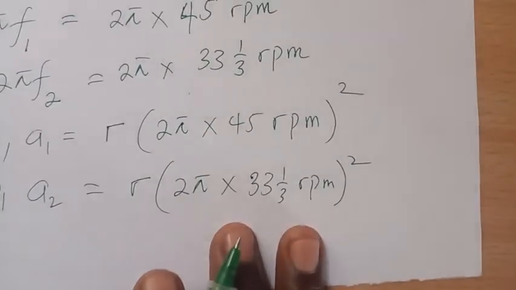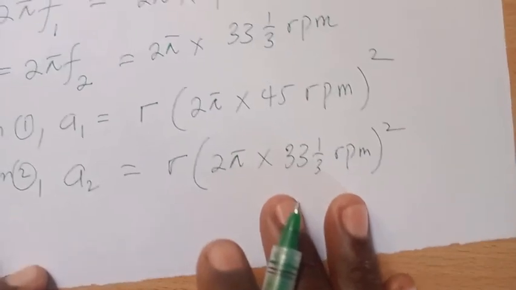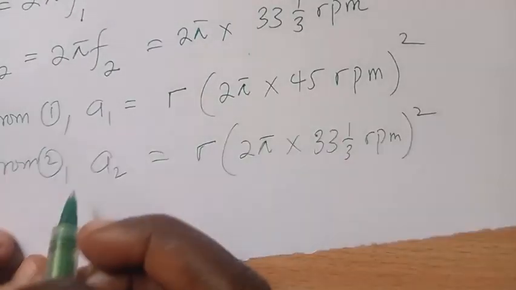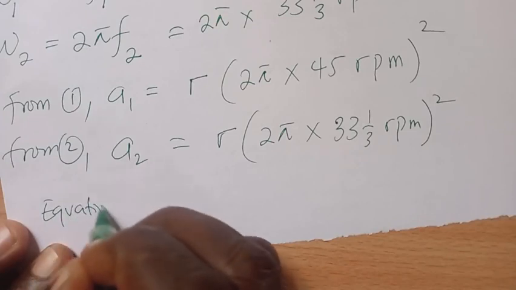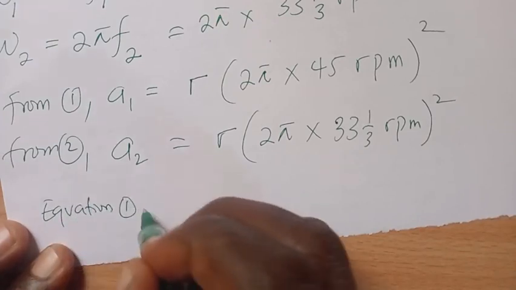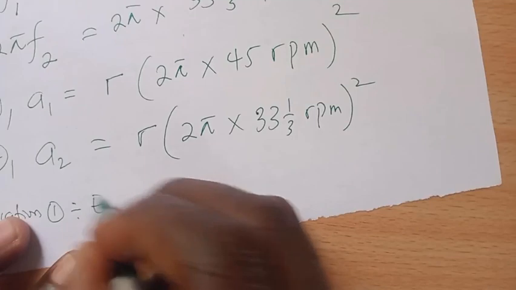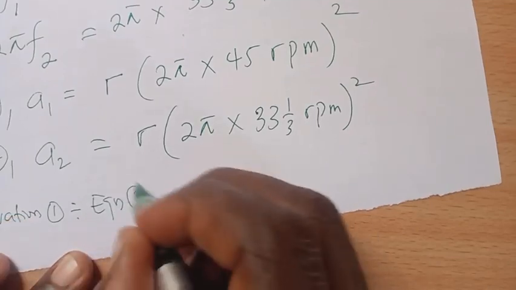Now if I want to get the ratio, I will divide equation 1 by equation 2.